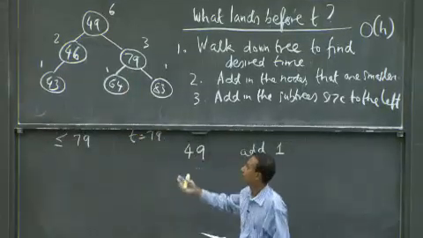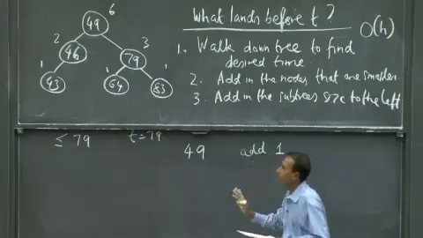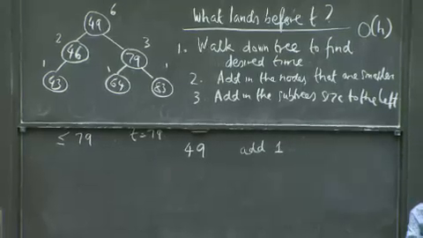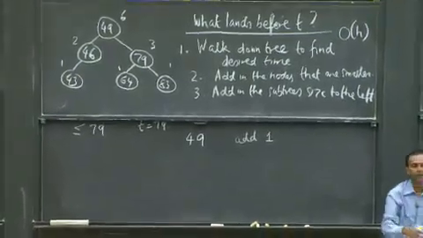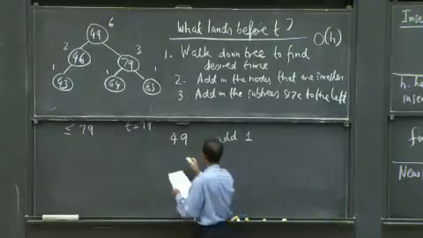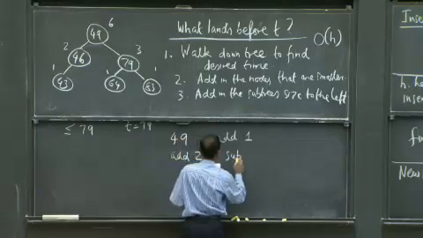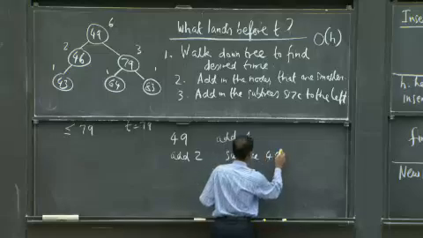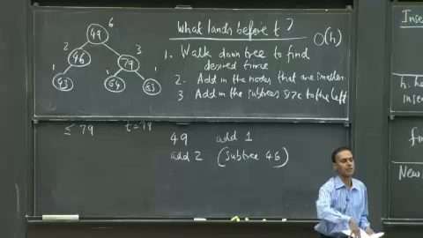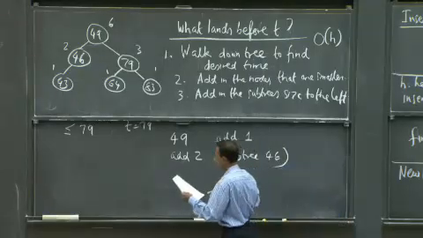That's how my search would work. But because I've moved to the right, I'm going to add the subtree sizes that were to the left, because I know that all of the things to the left are clearly less than 79. So I'm going to add 2 corresponding to subtree 46. I'm not actually looking there, but I'm going to add all of that stuff in. I move to the right, and now I see 79.